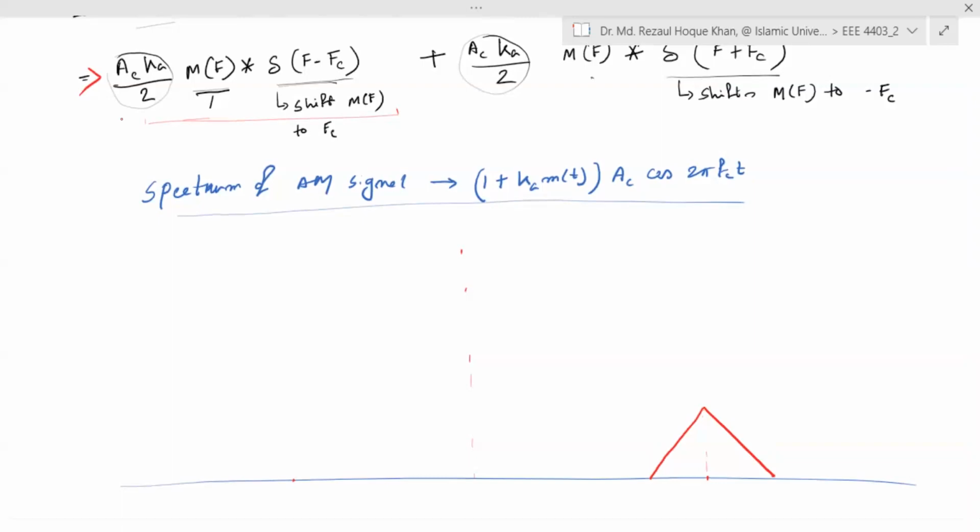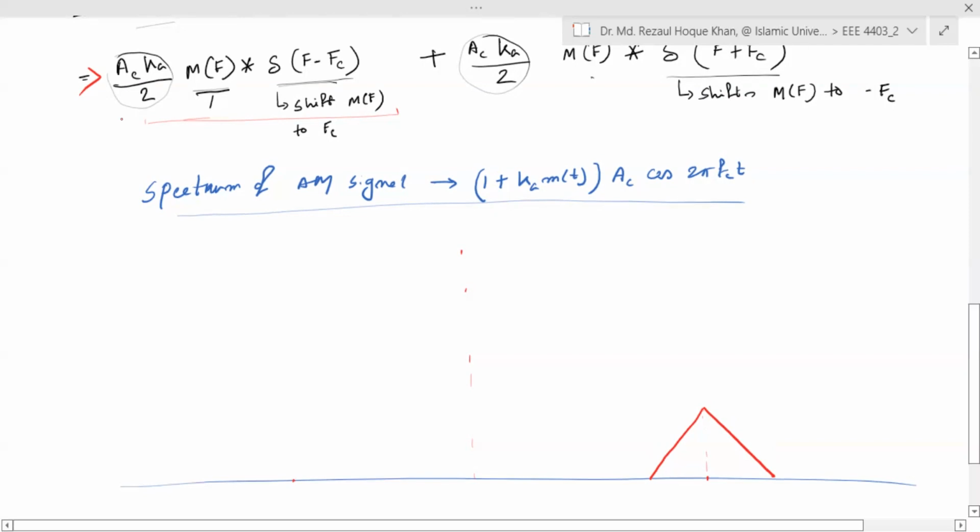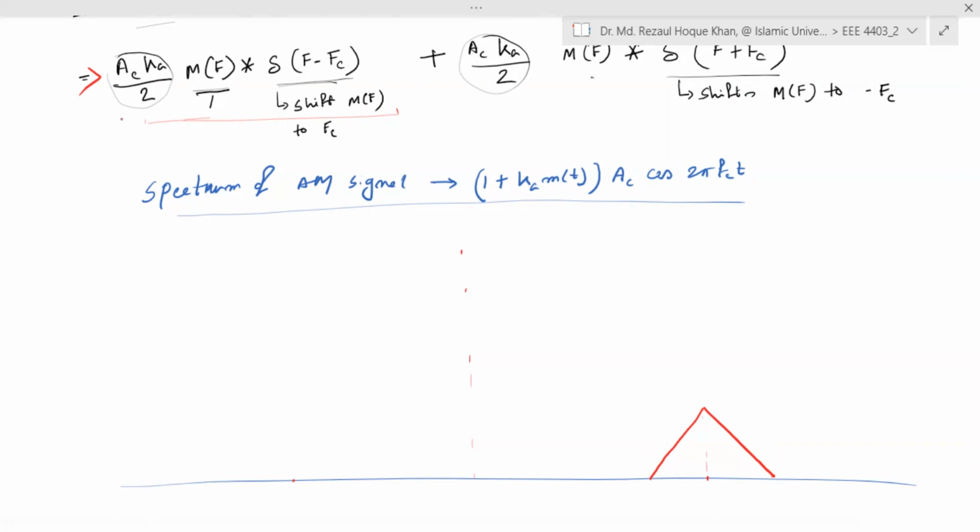One of the spectra is like this, and another one is like this.